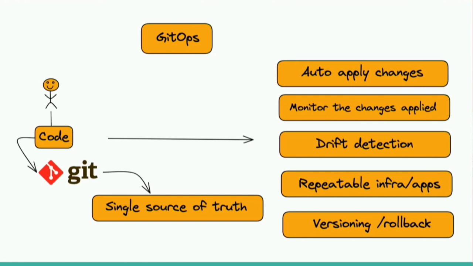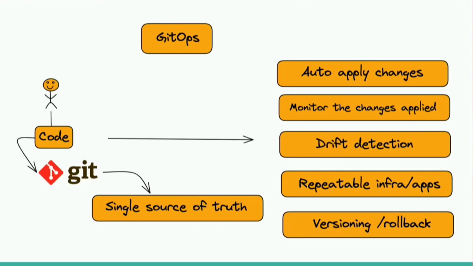Once the changes are auto-deployed and reflected, you would like to monitor them, and I'm sure you don't want to write long code for monitoring whether your application is deployed.